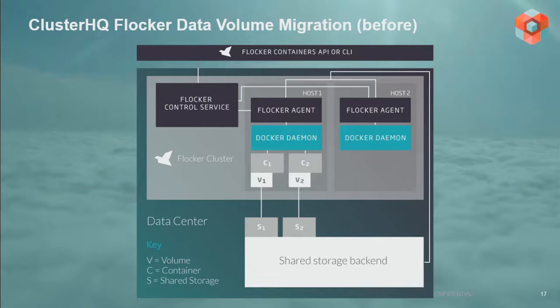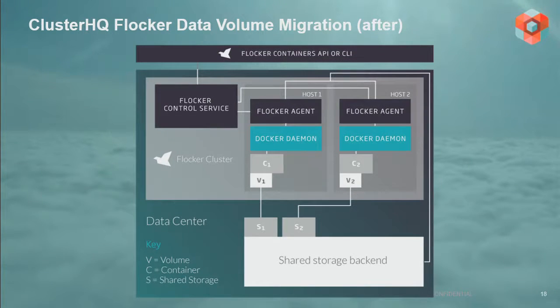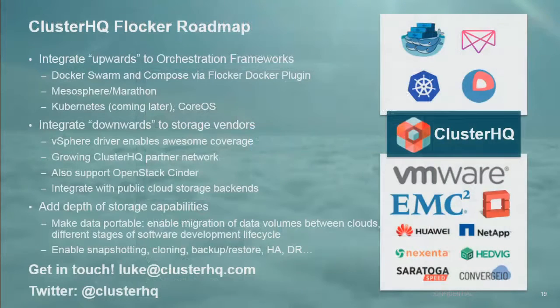It means that when you move that container, Flocker manages detaching that volume from host 1 and attaching that volume to host 2. So you get complete freedom in where you run your containers within your vSphere cluster, and it makes it possible to move things around, which is critical to run things in production. So I'm not going to talk much more about this. I'm going to hand back over to Vivek for a demo in a minute.